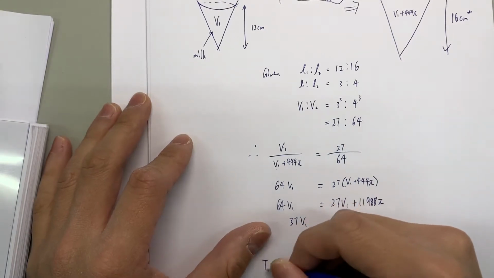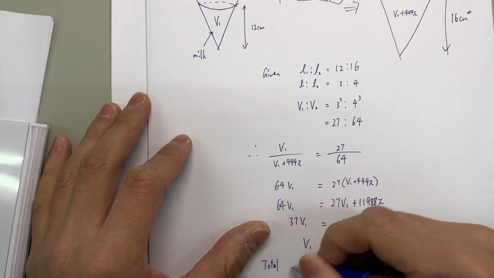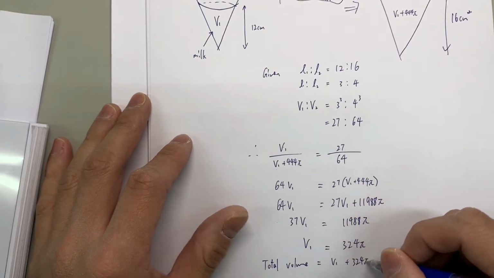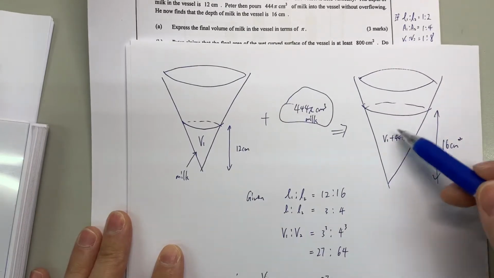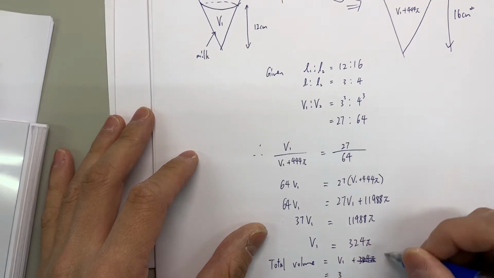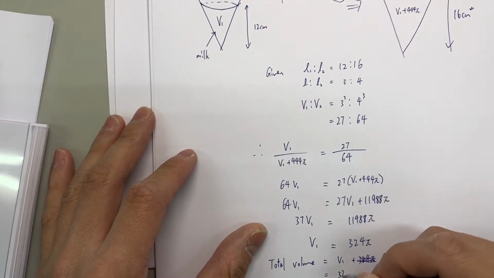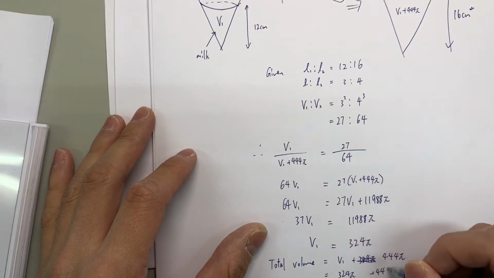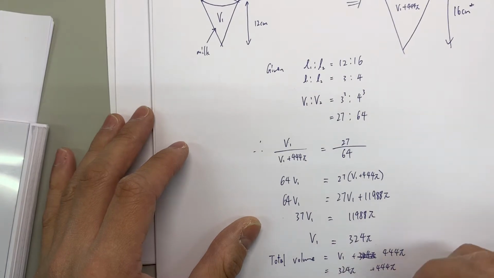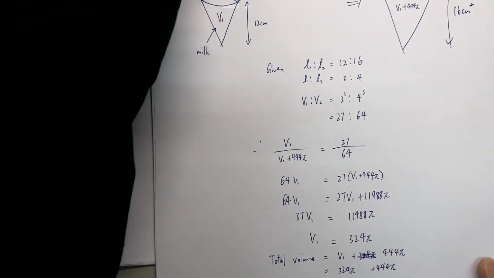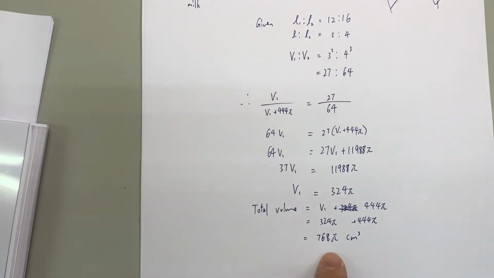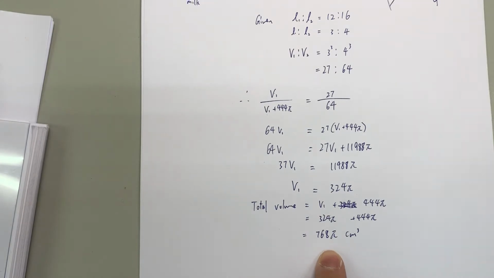That's why the total volume should equal V1 plus 324 pi. Don't forget the question is asking about the total volume here. Sorry, it should be plus 444 pi. This is 768 pi cm cube. And then check the questions, they ask in terms of pi. So we don't need to use a calculator, just leave it like this as the answer of part A.